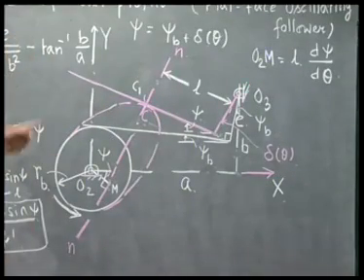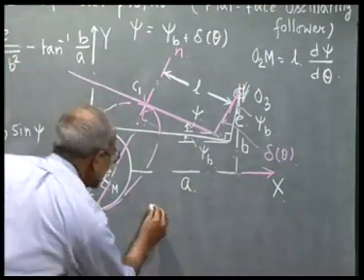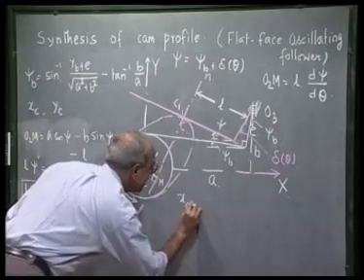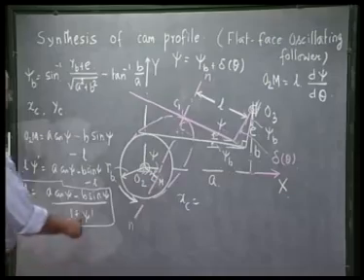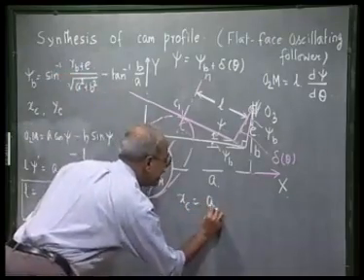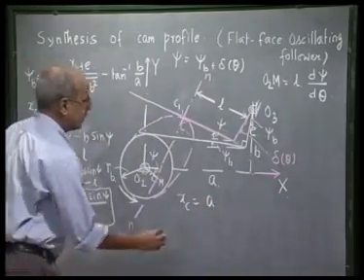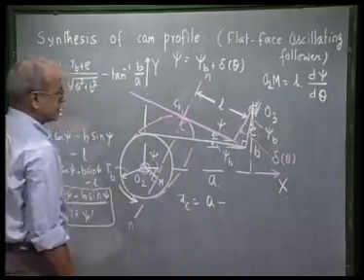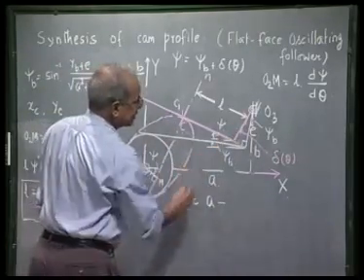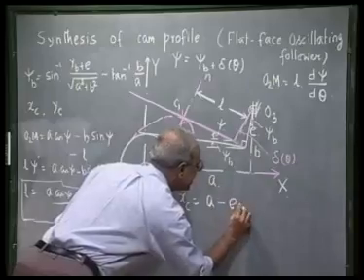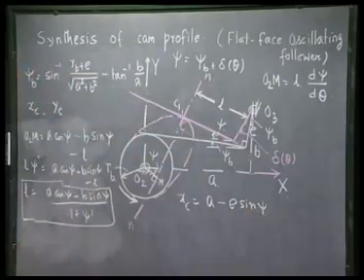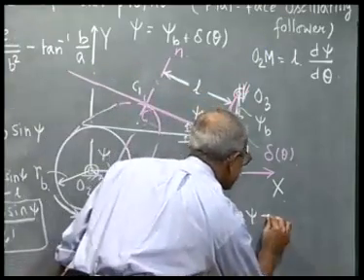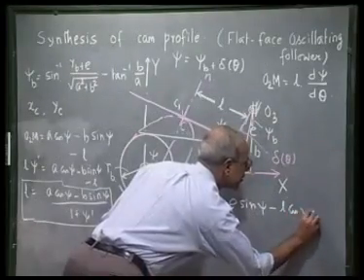Now we are in a position to write the coordinate of xc. xc is A minus, this angle is psi, so E sin psi, minus L cos psi.